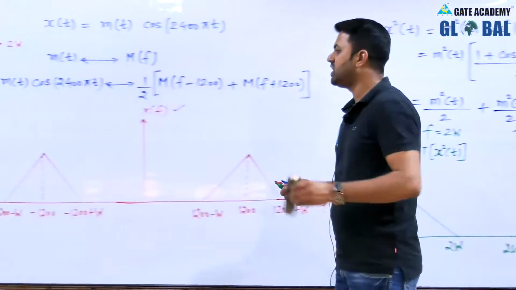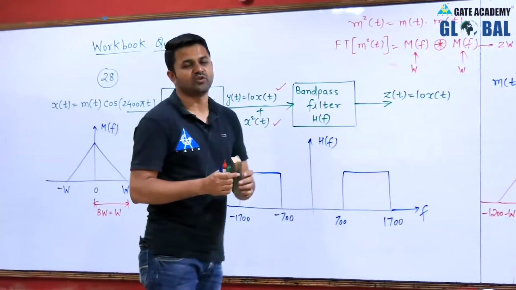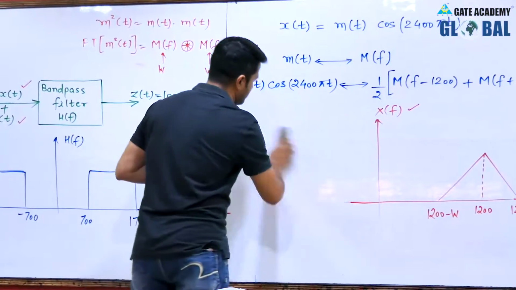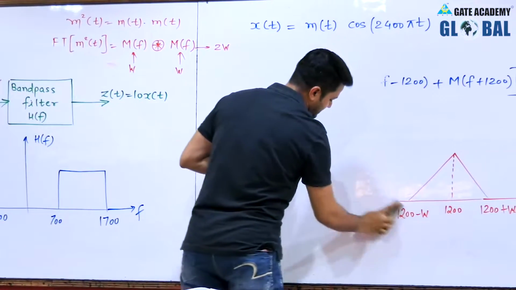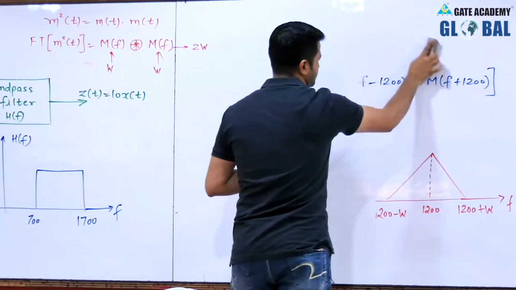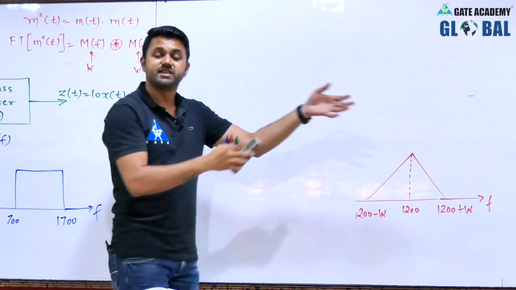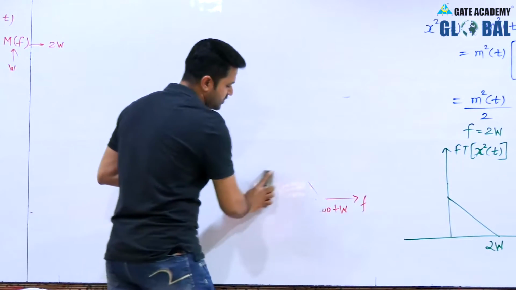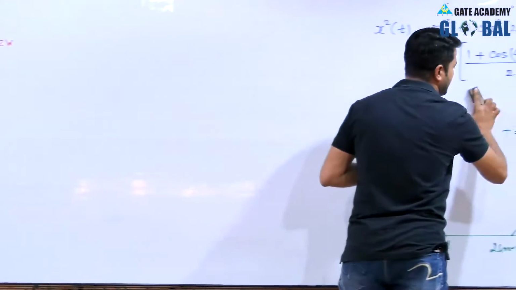So what do we have to do now? How can we get this signal 10x of t without distortion? So let us take another case. When W is 500, the signal is overlapping with the other components, so we can think about how to avoid this overlapping.